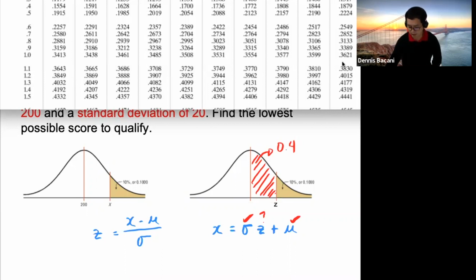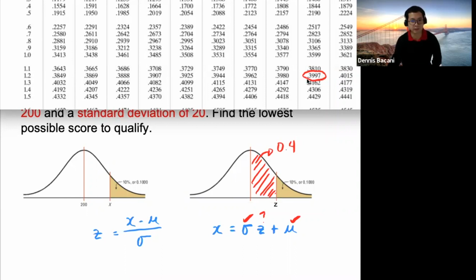As you can see, the closer value is 0.3997, because the difference between 0.4 and that one is only 0.0003. If you compare it with the other one, the difference is 0.0015. So it is closer to this one. We don't have an exact 0.4 in our table, so we need to find the closest one.